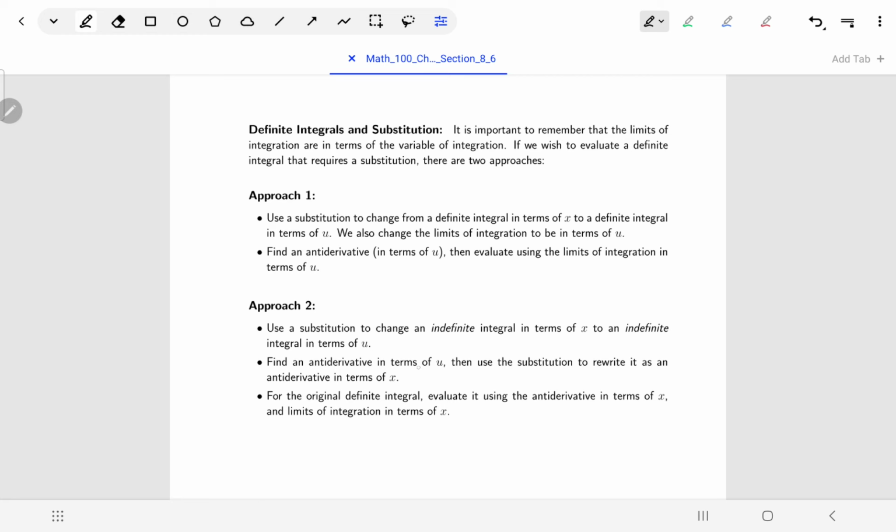Once you do that, that'll allow you to find yourself an antiderivative. And once you know an antiderivative in terms of u, you can use that substitution to rephrase that as an antiderivative in terms of x. And then now that you've got that, you can go back to your original definite integral. Now that you know an antiderivative, you can just evaluate that antiderivative in terms of those x values.